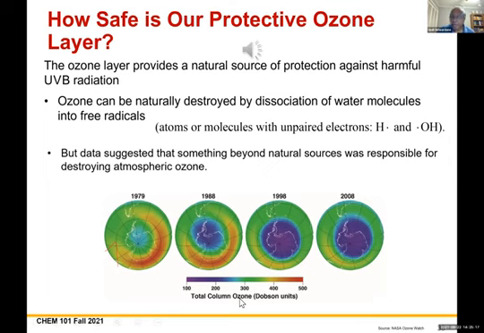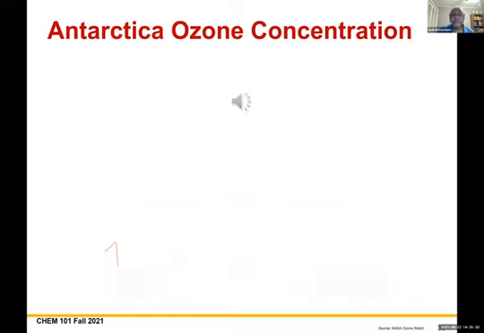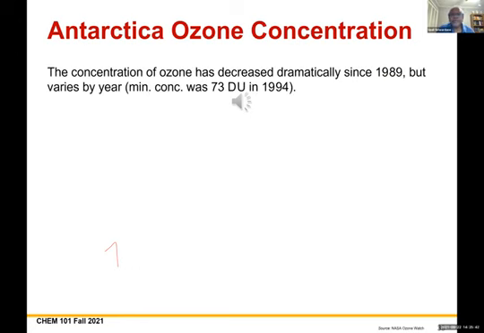The ozone layer is getting thinner in the Antarctic region. Antarctic is in the south. So this is the first indication that the ozone layer in the Antarctic region is going down. The concentration has decreased dramatically since 1989, but varies by year. It was 73 Dobson units in 1994.